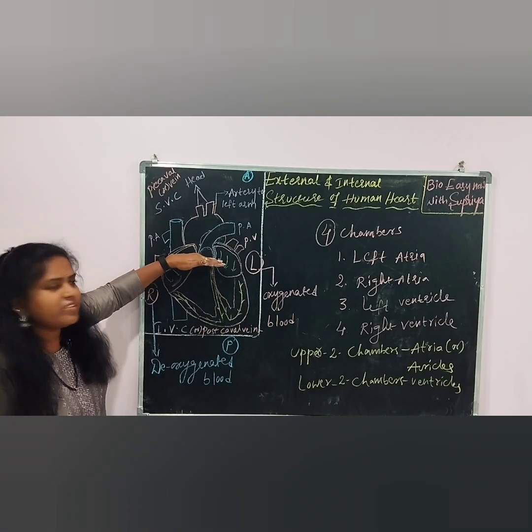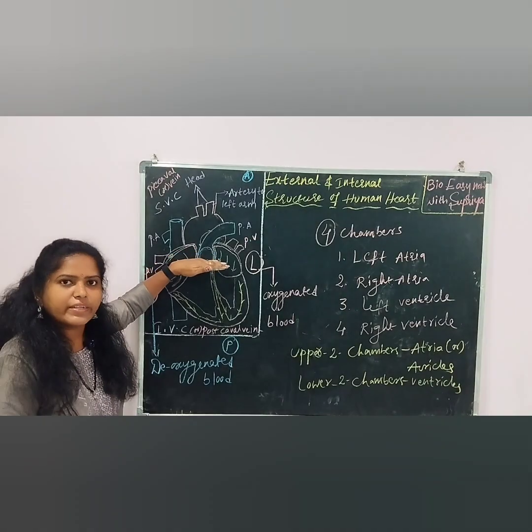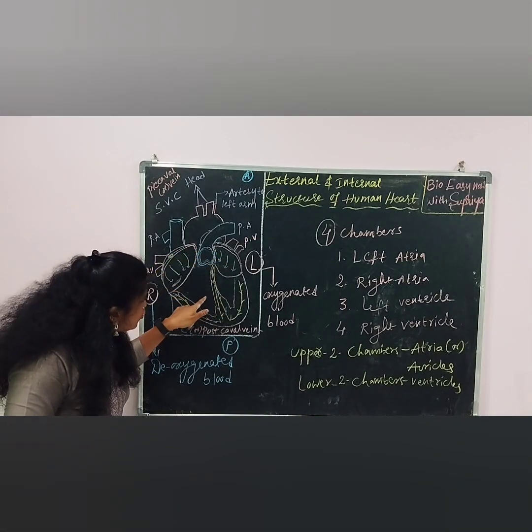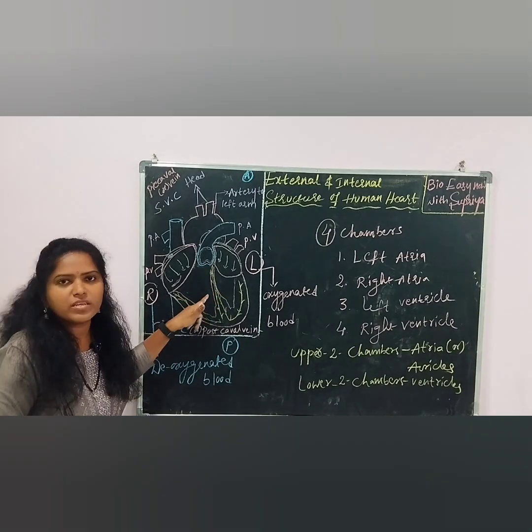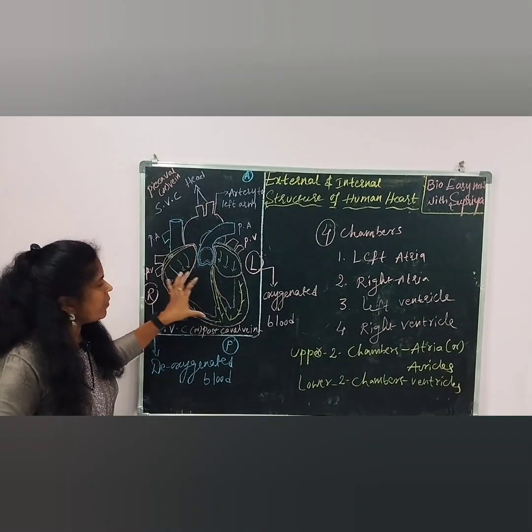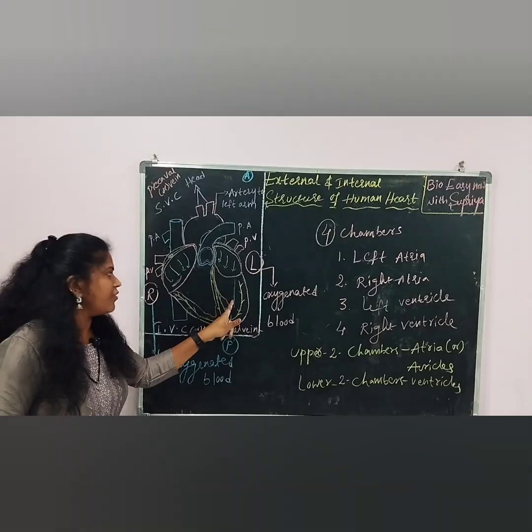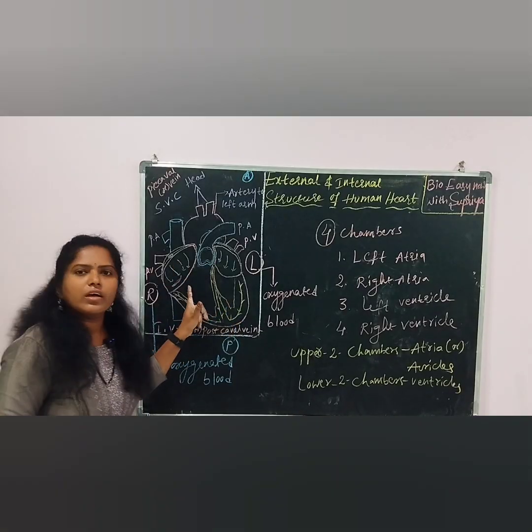These 2 upper chambers are atria, the auricles, and these 2 are the lower chambers. These two are the ventricles. Total how many? 4. Left atria, left ventricle, right atria, right ventricle.